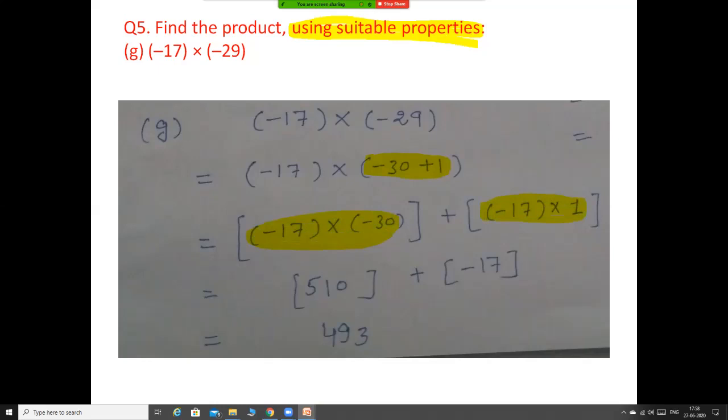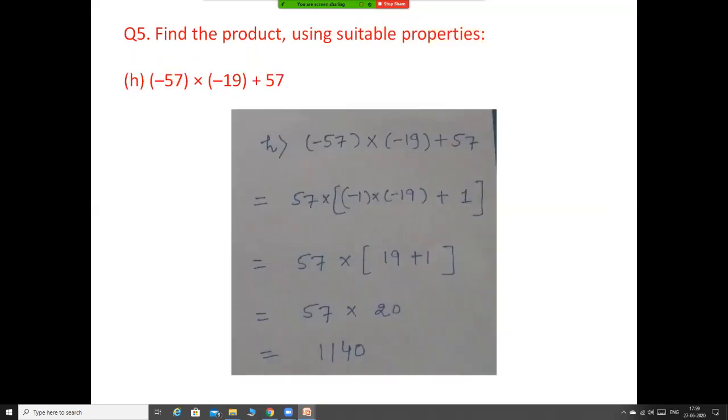Okay, in between what sign comes? This plus sign. So in the first bracket, we are multiplying these two integers. Minus 17 into minus 30, answer is 510. And here minus 17 into 1, answer is minus 17. Okay, now adding these two integers, what is the answer? Answer is 493, right?